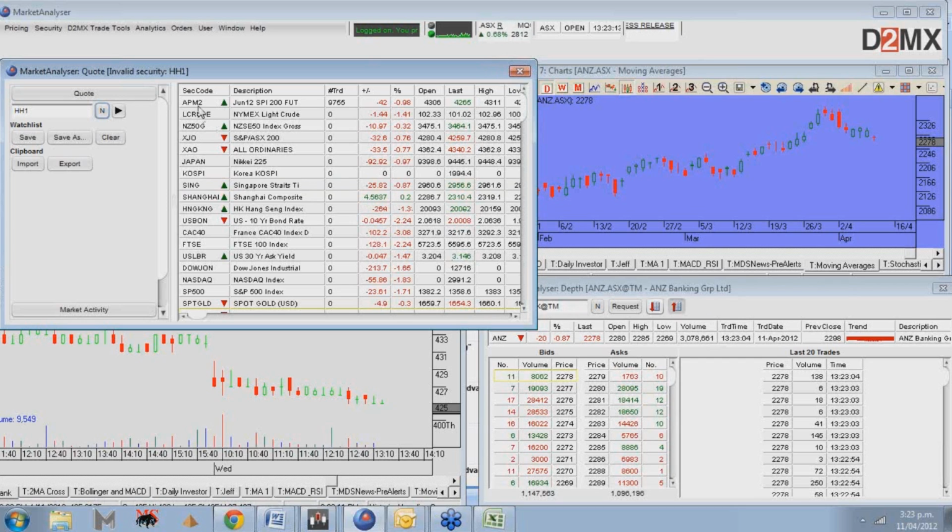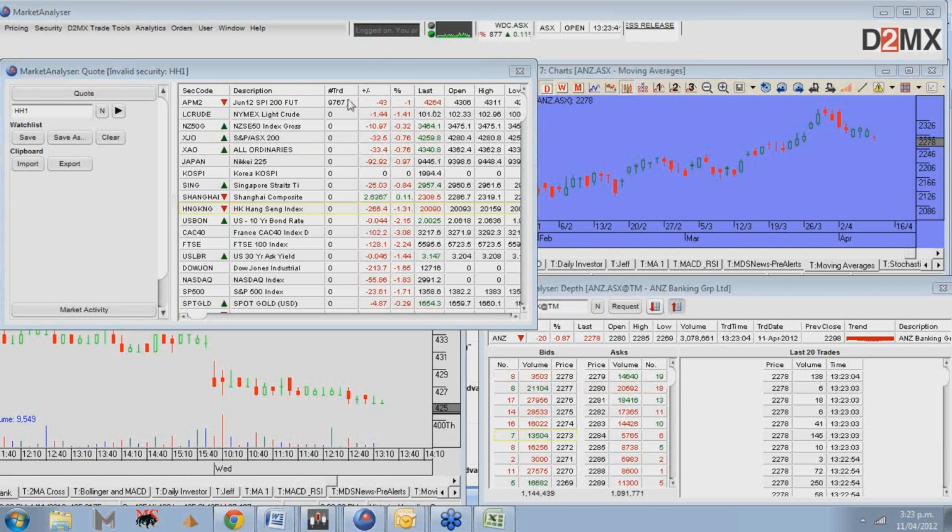Jason, I suggest you go, APM2 is loaded, it's at the top of the screen, and open at 4306, the last is 4265. So if the order of these columns is confusing, we can move the order around. So the last is 4265, the open is 4306. And 4265 is in line with what YAPCM1 was showing.